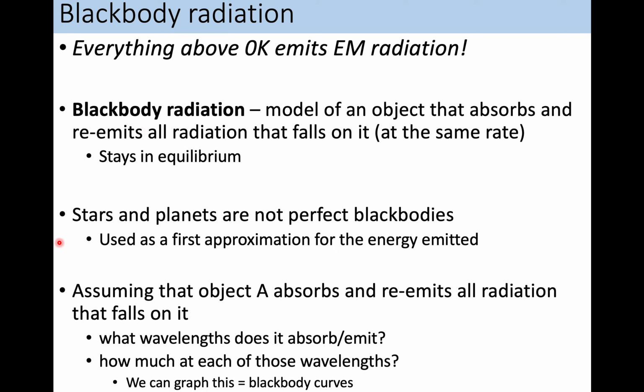For example, I'm simplifying here by assuming that object A, some object that we're looking at in space, absorbs and re-emits all the radiation that falls on it. We can look at what wavelengths it absorbs and emits, and how much at each of those wavelengths. We can then graph this to determine what we call the black body curve, the graph of wavelengths absorbed and emitted by this object.